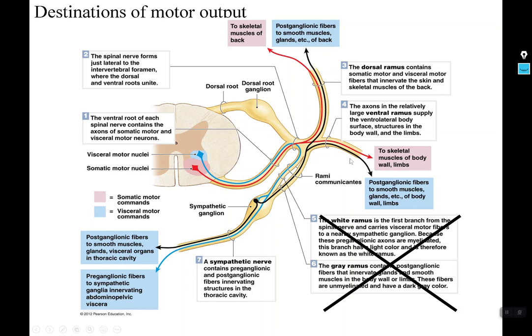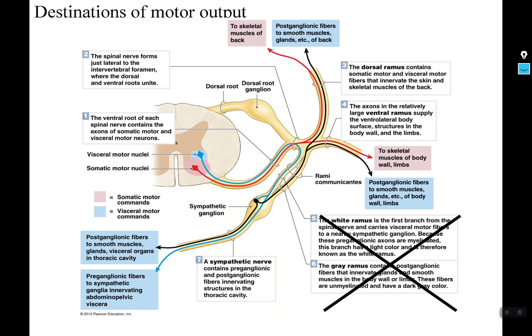So what you're going to notice is that the dorsal ramus contains both somatic motor and visceral motor fibers that are going to innervate, respectively, the skeletal muscles of the back, so your erector spinae, your other large muscles of back, and also control effectors in your skin.